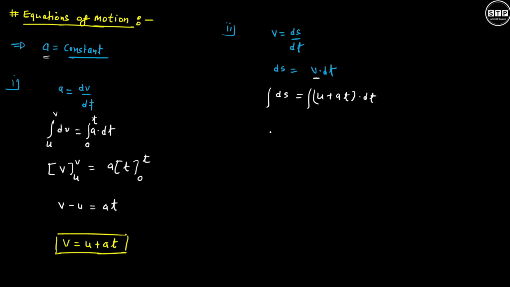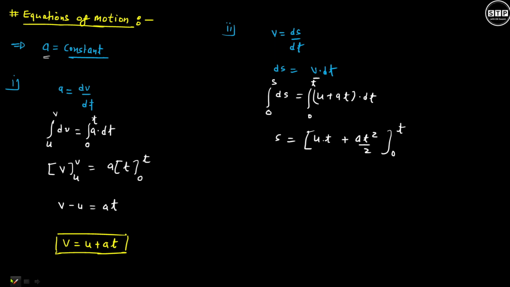Integration of ds will be s, taking the initial displacement as 0 and final displacement as s, and initial time 0 and final time t. So s is equal to ut plus at square divided by 2, with the limit from 0 to t.